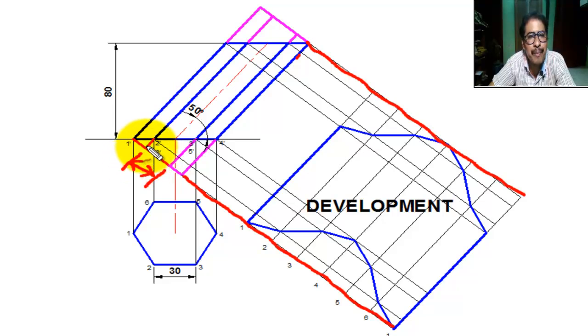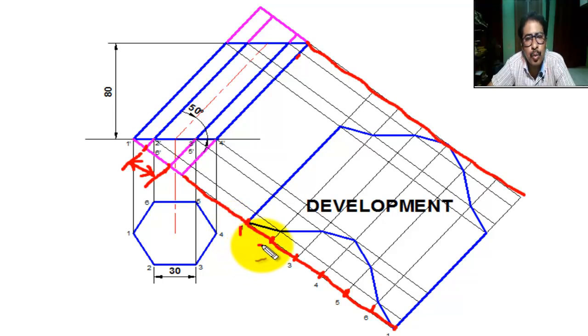With pencil compass, we take this measurement, and from a suitable point we cut this point, cut this point, take 6 divisions, cut this point, cut this point.